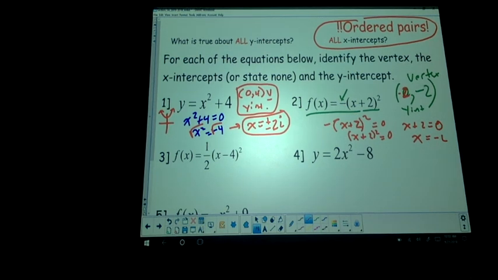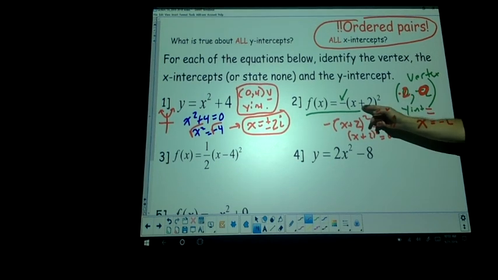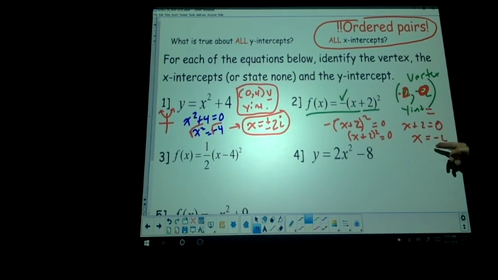Excuse me, I shifted it the right way, I put it in the wrong spot. That's -2, 0. I need to figure out the y-intercept. Okay, hang on, I goofed up on this one. That's the negative right here. This is -2, 0 because that shifted. It didn't go up or down at all. That's also where it crosses the x-axis.